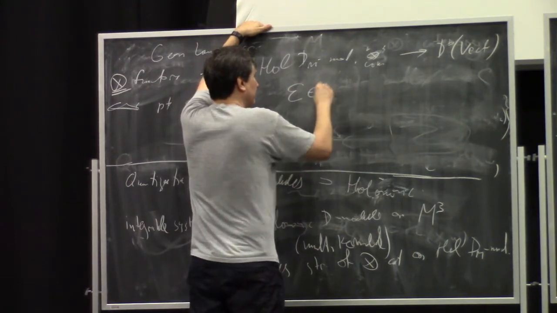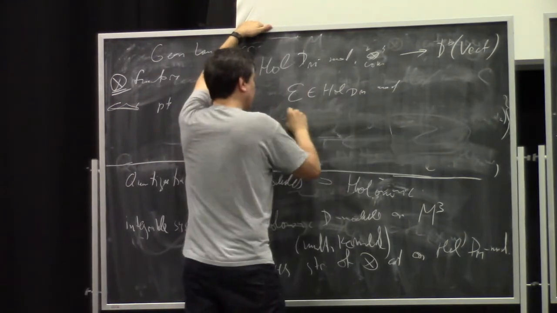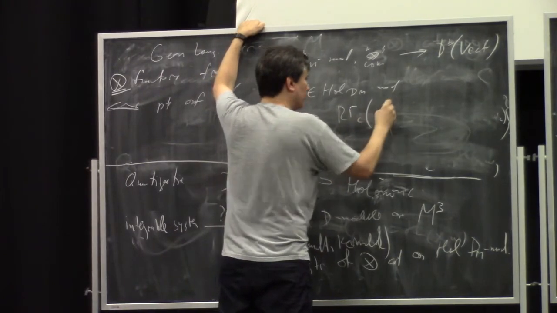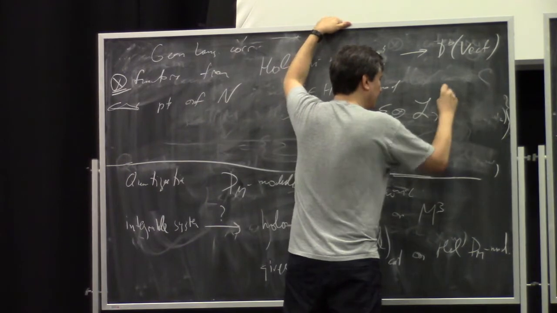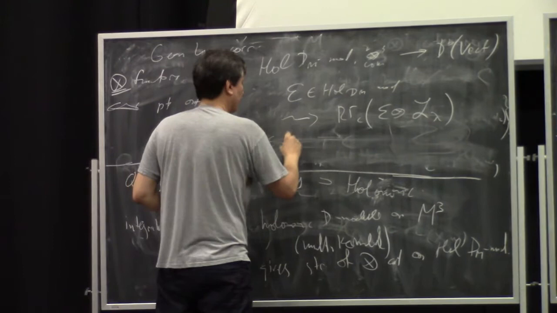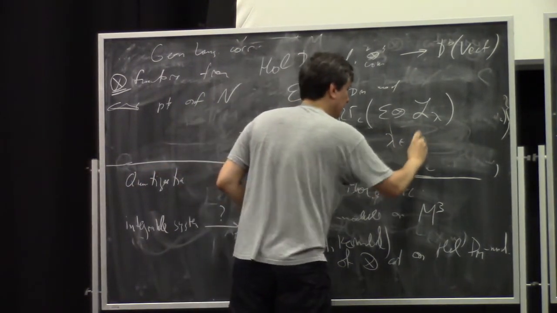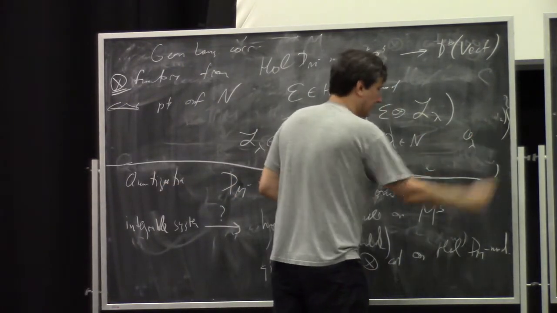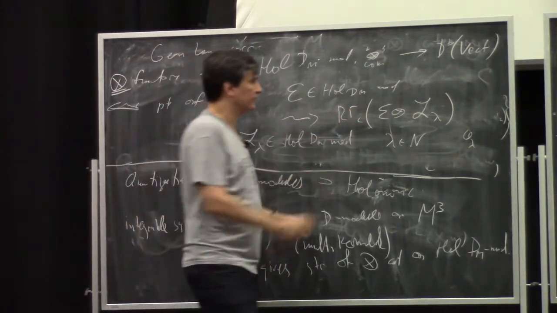If you take a holonomic module E, then you assign a vector space by taking RΓ with compact support of E tensor some kind of L_λ. L_λ is again a holonomic D-module, for λ a point of n. It seems to correspond to all points λ in this correspondence. So it should be given by this, and these are called Hecke eigensheaves.